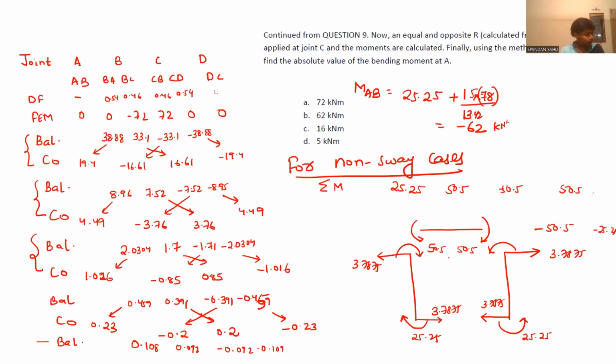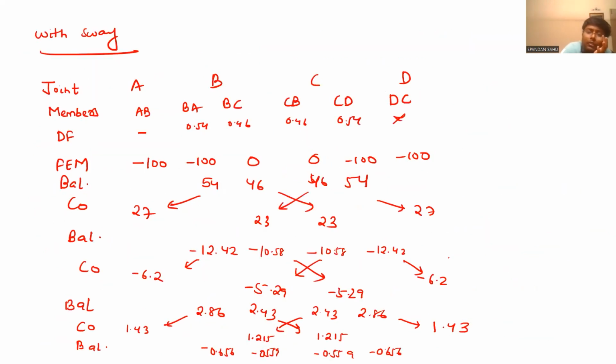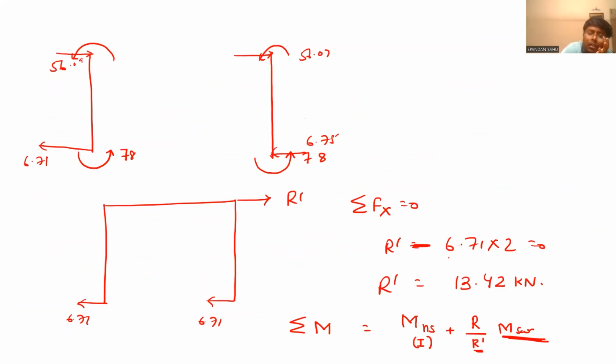Sir, how to calculate the delta value? We have to equate 6 delta by L square equal to 62? Sorry, repeat the question once more. We have assumed that the moment due to the support settlement is 6 delta by L square.